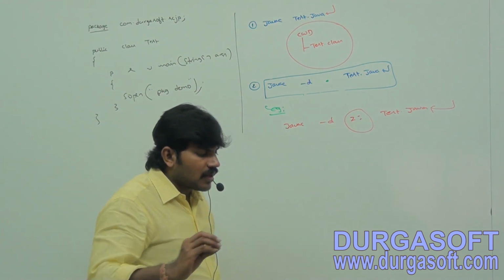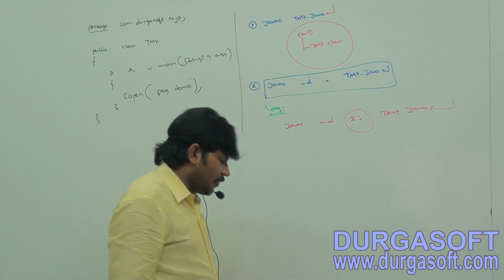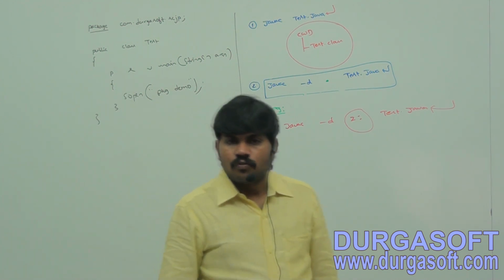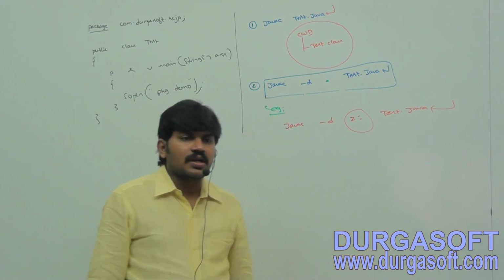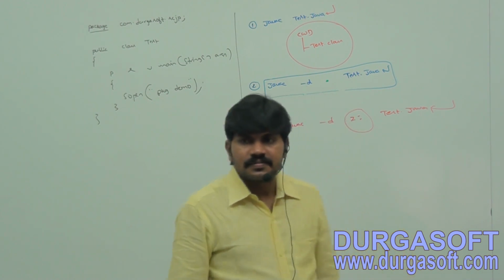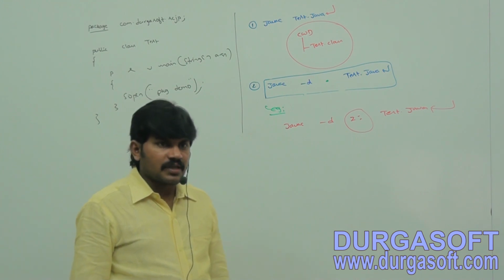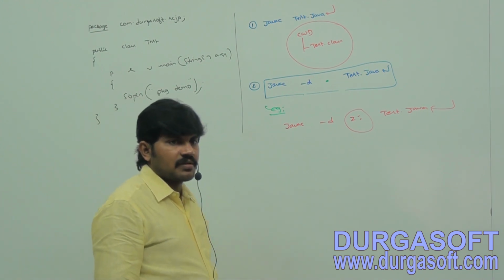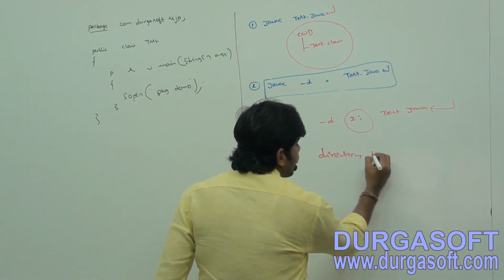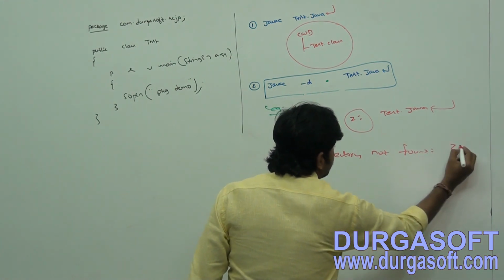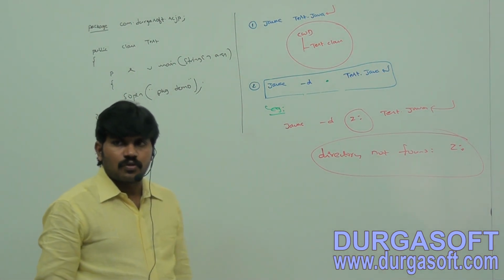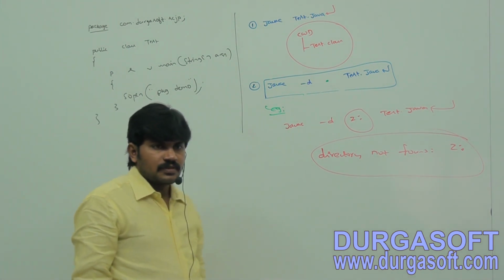If z colon is not available, then we will get a compile time error saying directory not found, z colon. Are you able to understand, right?